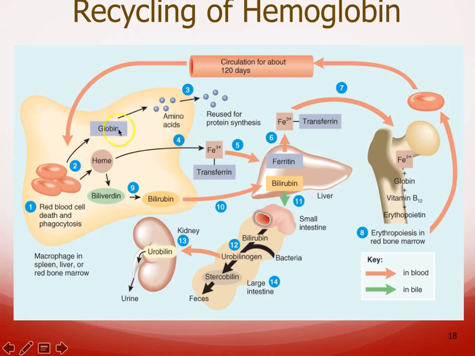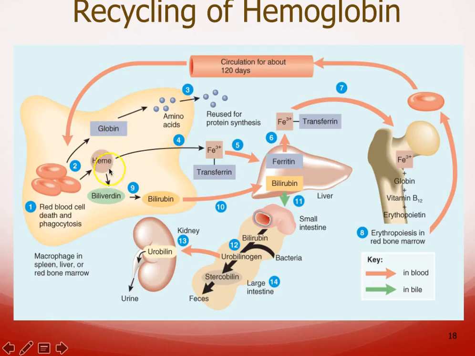So simply the globin gets broken down to amino acids, and then those get reused for protein synthesis, right? Make some new kind of protein, whatever that protein might be. All right, well, that's easy. Then the other part, the heme part, has a little bit more of a long cycle. There are two parts to a heme. Again, there's a protein part, and then there's going to be the iron, right?